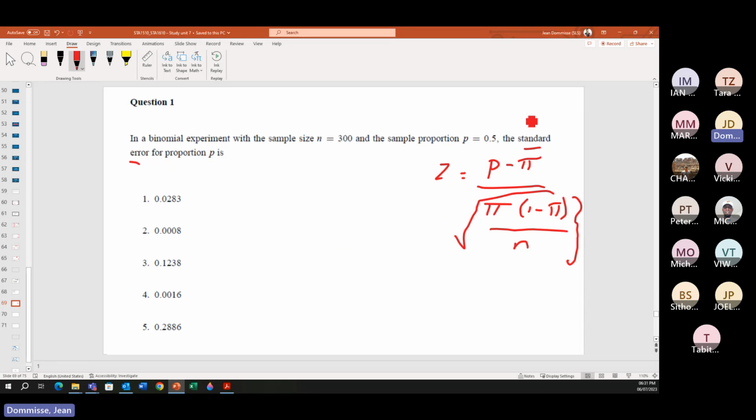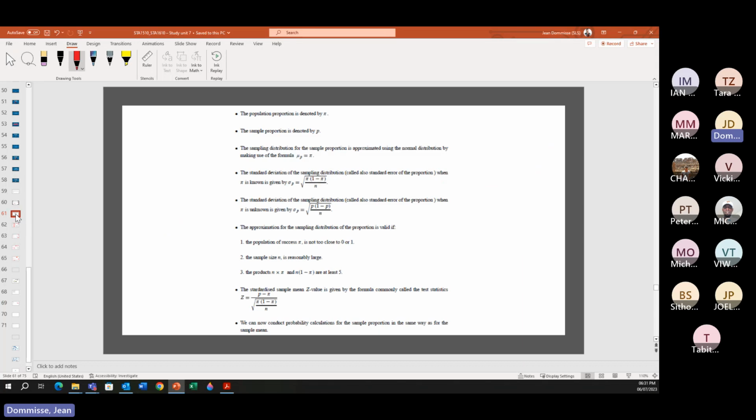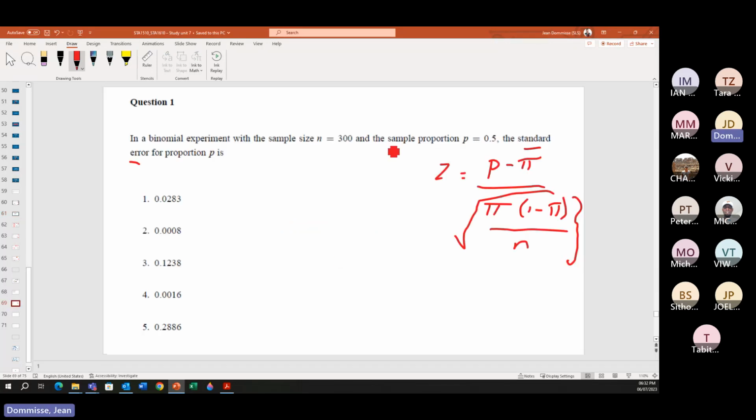Okay, so again, remember when I told you guys, it is here. So when we work with the proportion, if it's unknown, we have a p. So in this instance as well, we have a sample proportion.